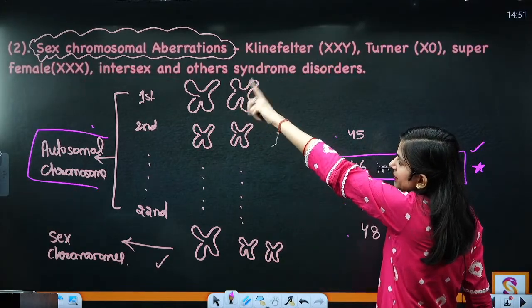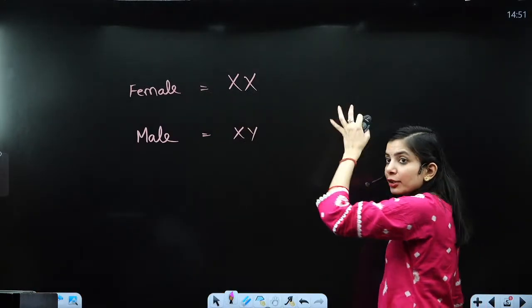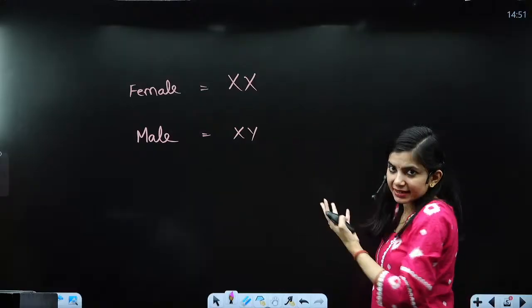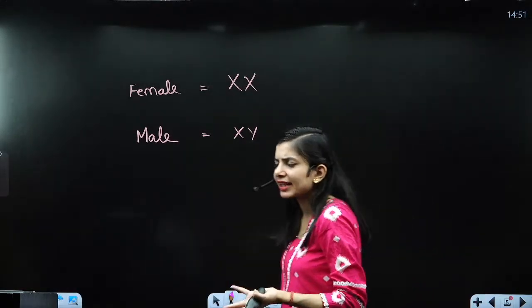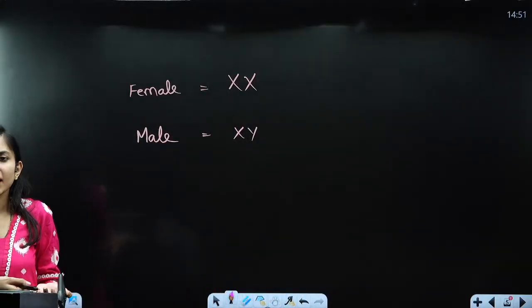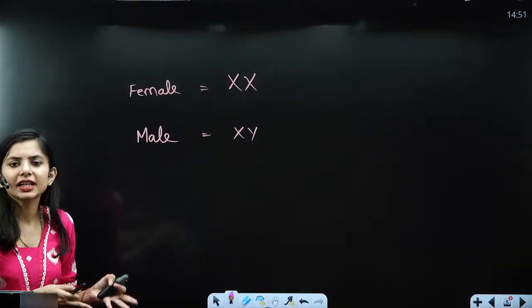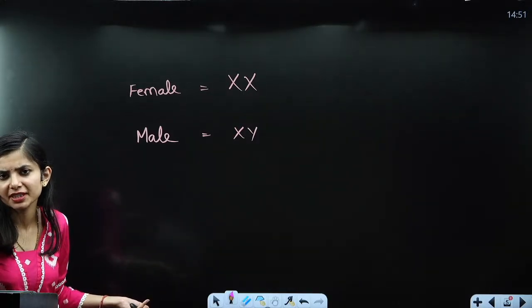So we are taking up sex chromosomal aberration. We have understood that a normal female should be XX and a normal male should be XY. This is something that you have already studied in your 10th examination. In the 10th we had physical biology. Now biology is becoming the basis for physical anthropology.